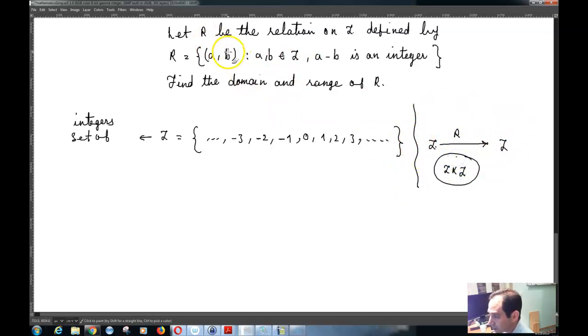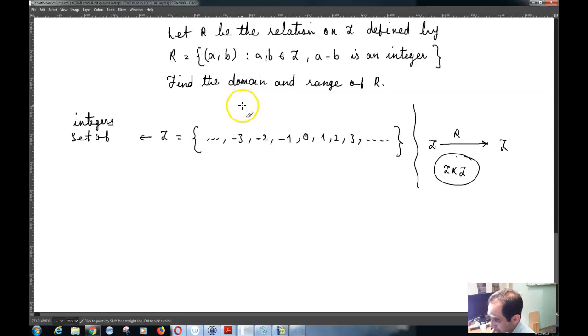This is Z times Z, or the Cartesian product of Z and Z. So R is a relation defined on this set, or you can say R is a subset of this set, defined by this, meaning that you have all the ordered pairs (a, b), such that a and b belong to the set of integers, and then a minus b is an integer. a minus b is an integer.